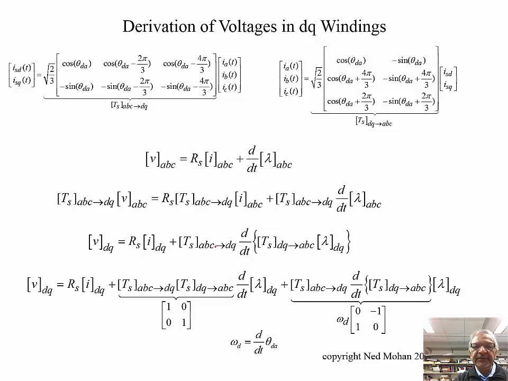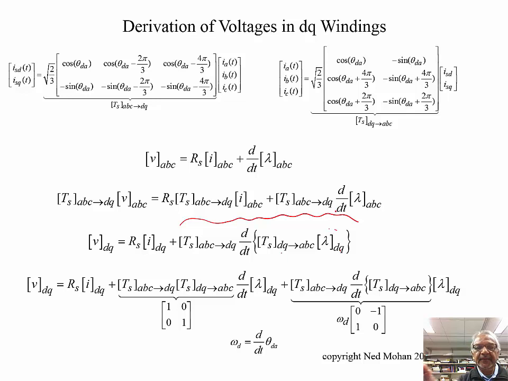So this is the term we're talking about, and this is the time derivative of two terms which are both time dependent, because even this transformation matrix involves theta dA, and that theta dA is dependent upon time as the d-axis is moving, and so is this flux linkage.